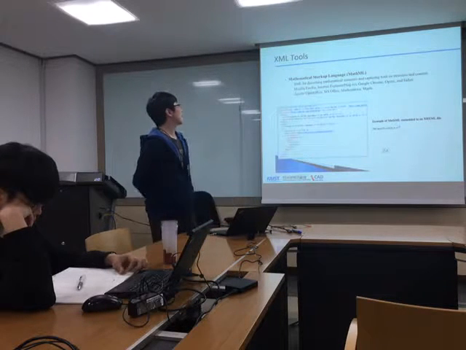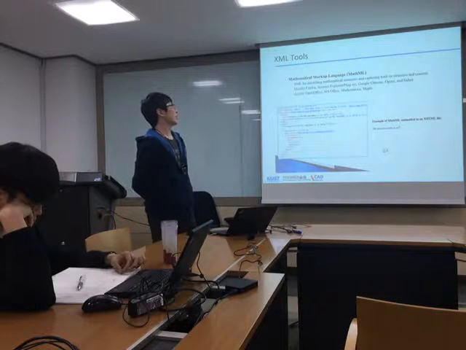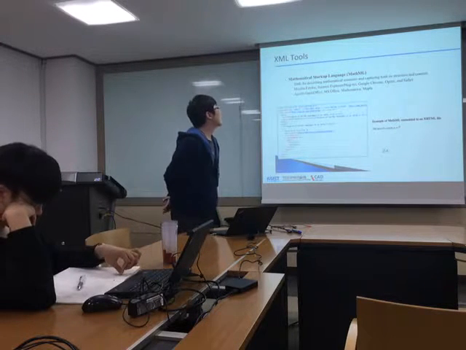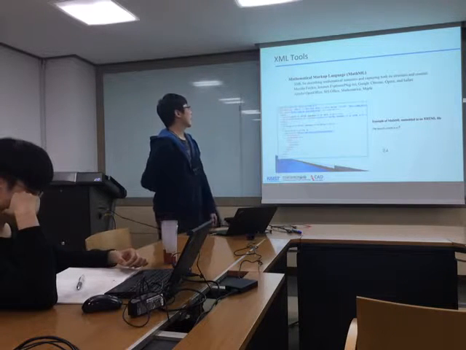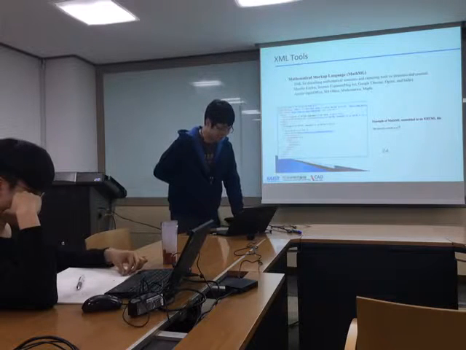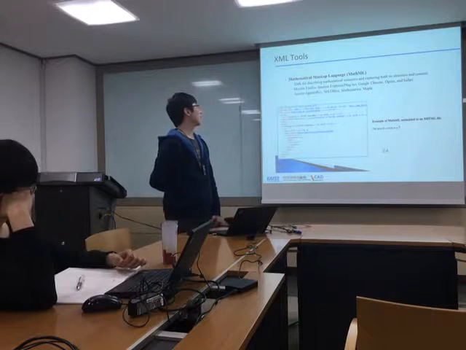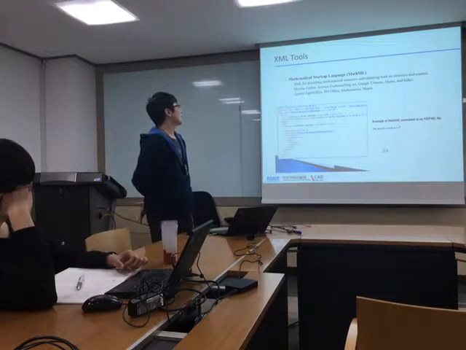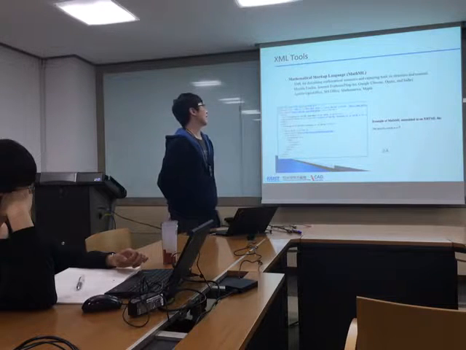And the third XML tool is Mathematical Markup Language, MathML. It is XML for describing mathematical notation and capturing both its structure and content. It is used by Firefox, Explorer, Chrome, Opera and Safari.